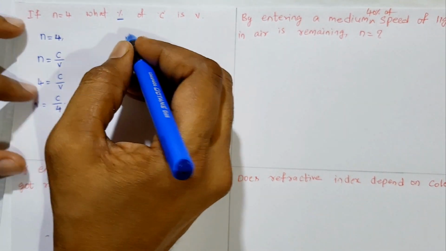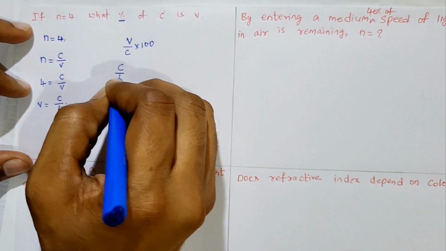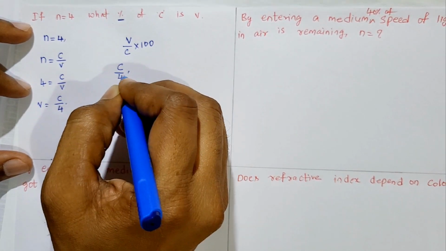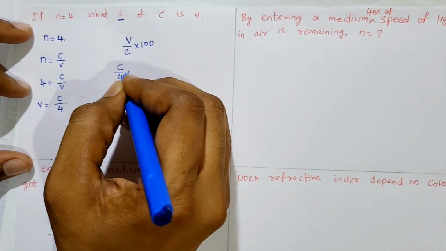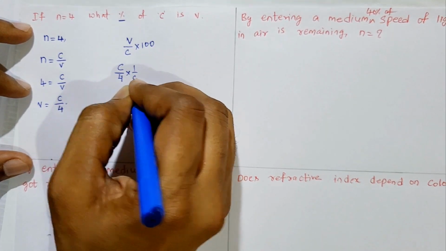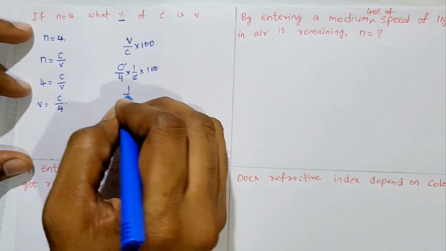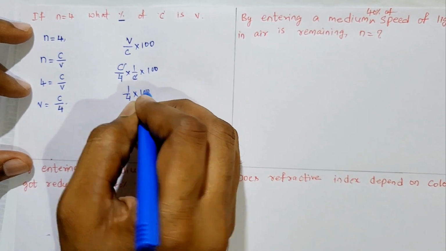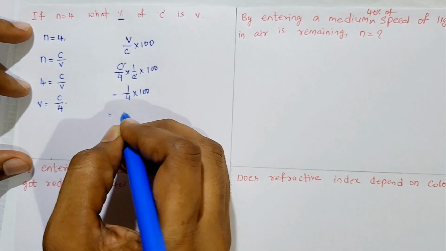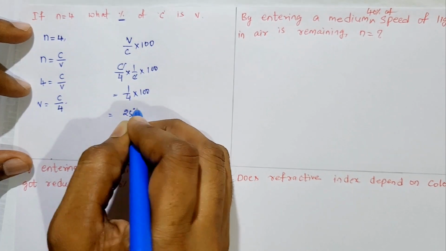What is V now? V is C by 4. Divided by C, so 1 by C into 100. C cancels. It is 1 by 4 into 100. That is going to be 25%.